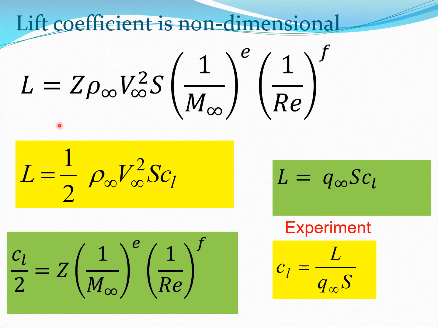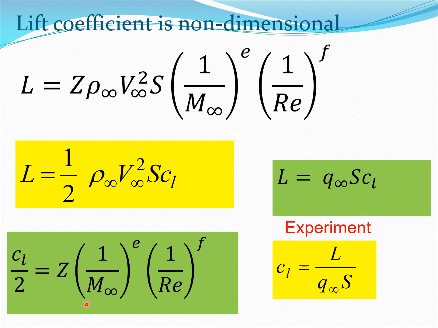So now let's write this formula again, and let's now look at what we do to define the lift coefficient. So what we are going to do is we are going to write L in this form. So we are going to say L is half rho infinity V infinity squared S C_L. And to do that, I have to define C_L in this form. So essentially C_L is used to absorb all the remaining coefficients here.